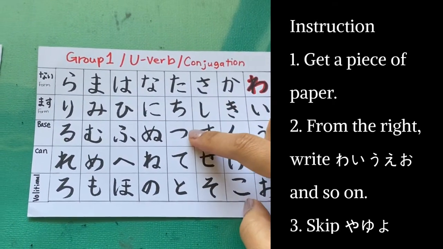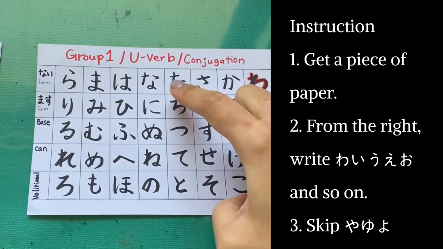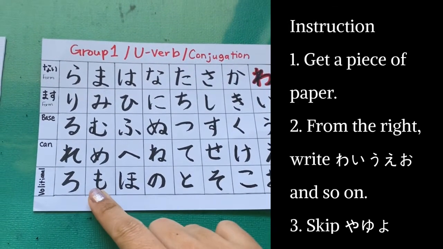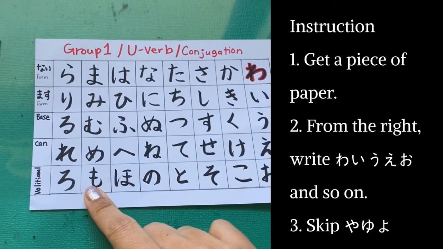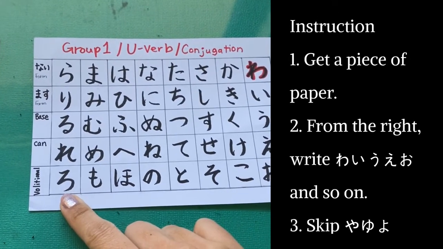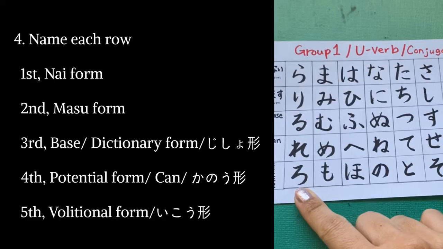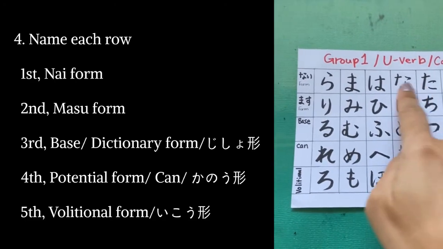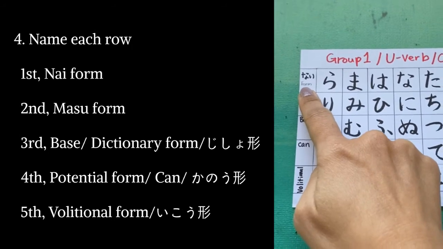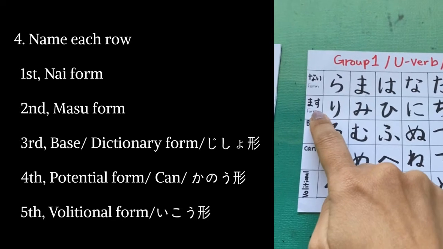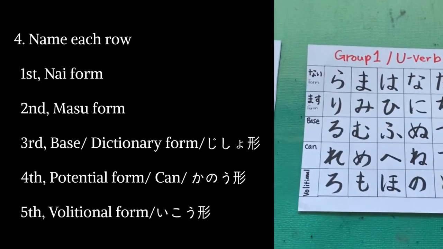たちつてと, なにぬねの, はひふへほ, まみむめも, and らりるれろ. You don't have to write ya, yu, yo. It's okay. Then, for this row, you put NAI form. This row, you put Masu-form.